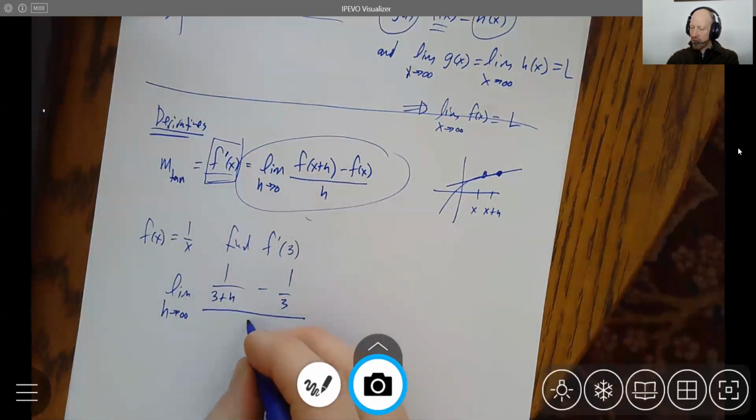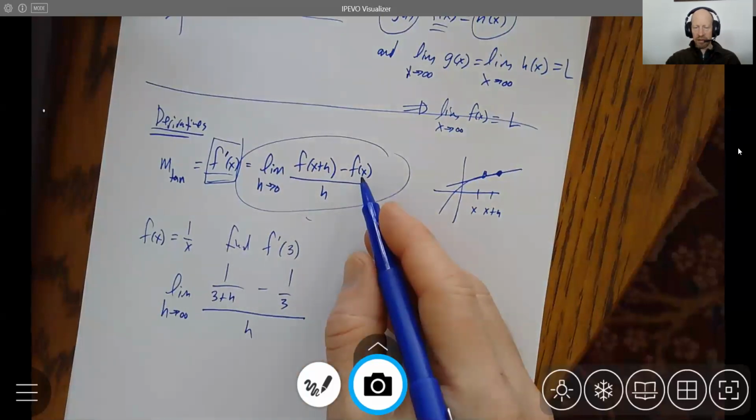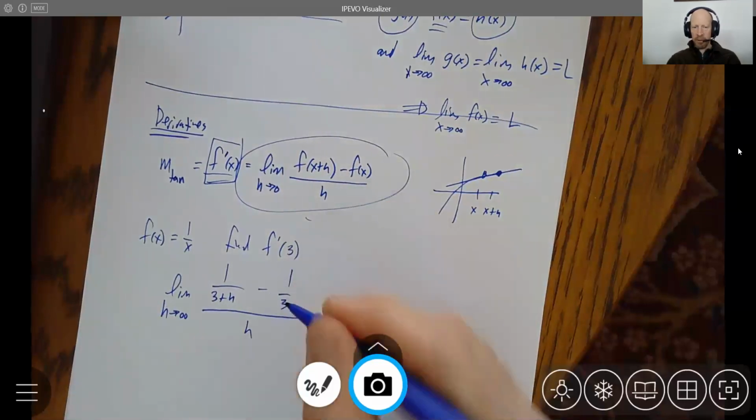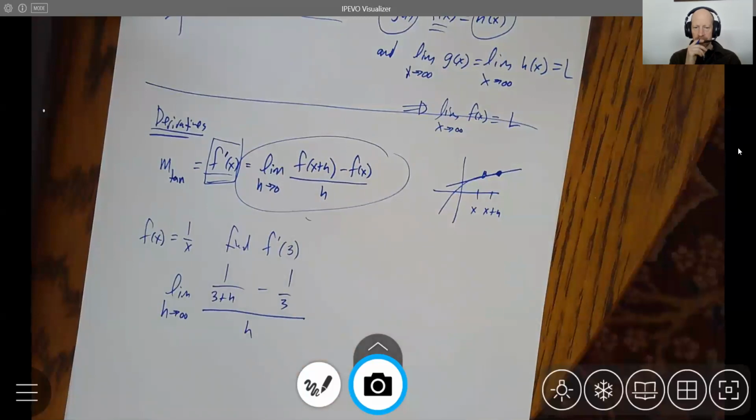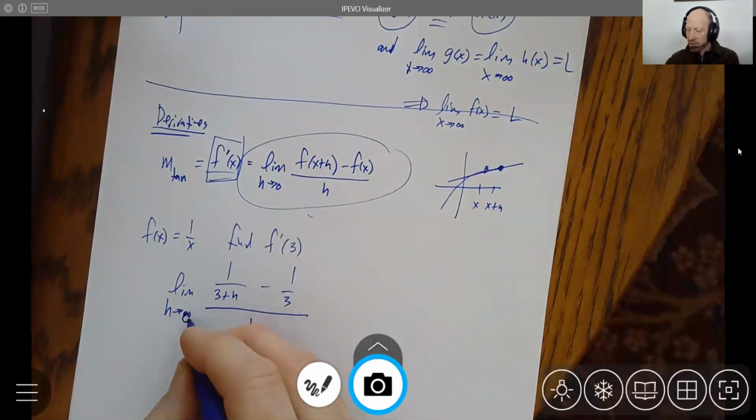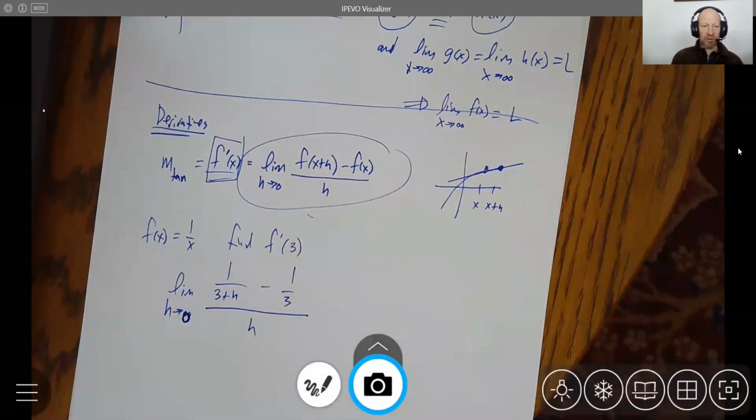And then that's divided by h. So that's that definition. We know that every time, as h goes to 0, this is going to give me 0 over 0. Always h goes to 0.